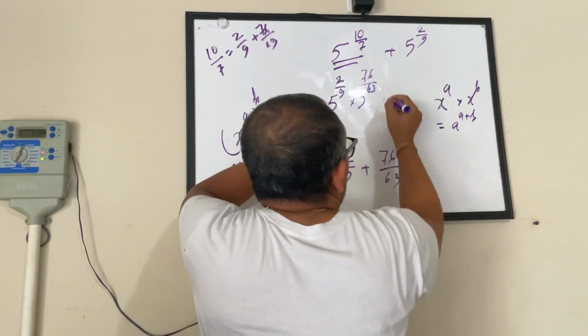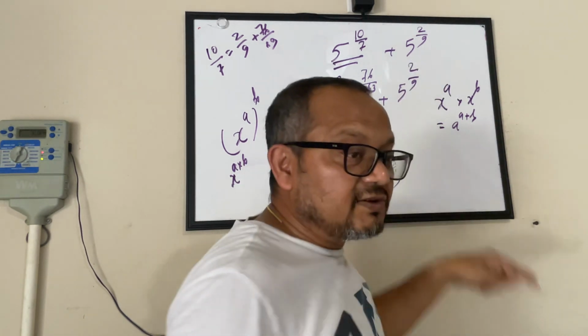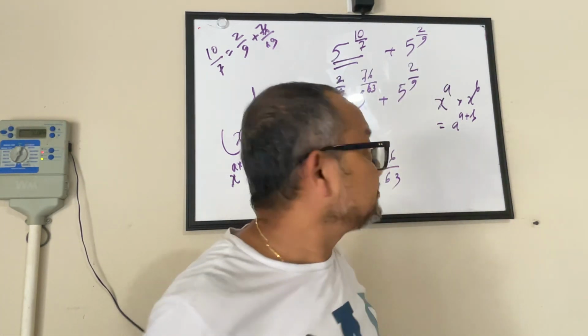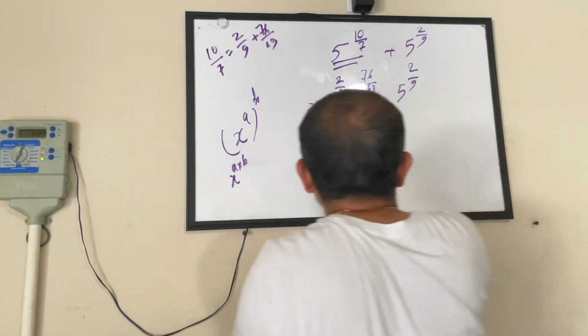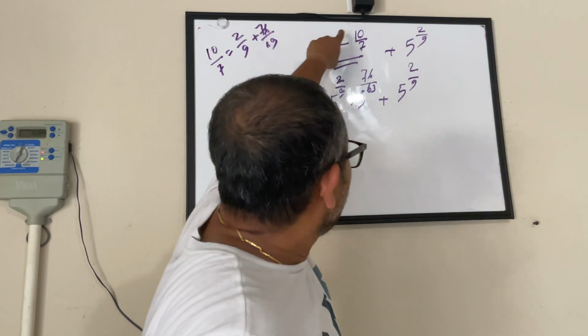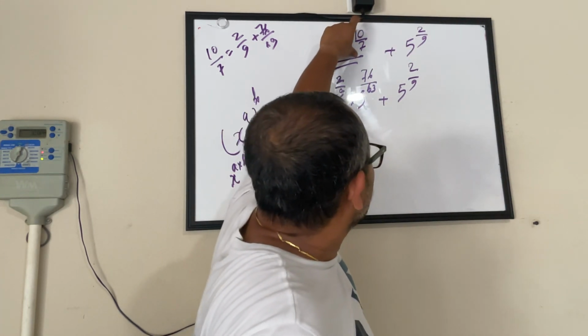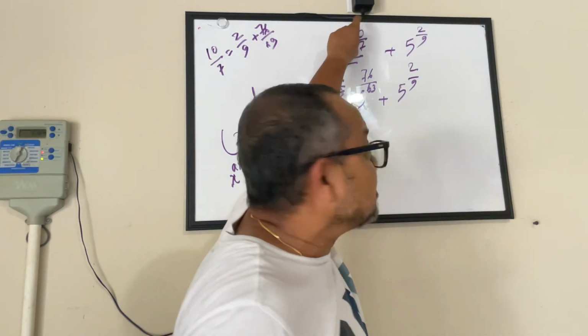I am just breaking it into two parts. And when you see me doing this calculation properly, then you will appreciate what I am trying to do. What did I do? I had this number and this number, and these two were to be added. I know this number is bigger because 10 by 7 is always going to be bigger than 2 by 9.